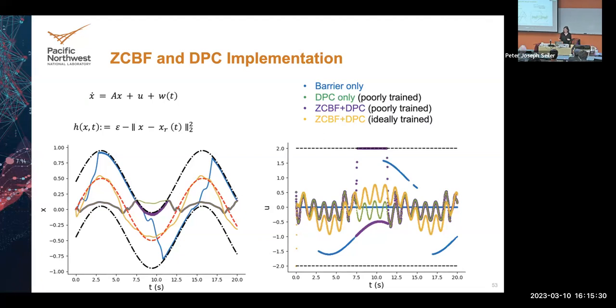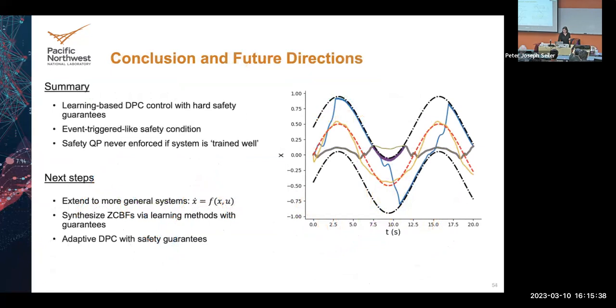You don't really trigger that aspect of the policy because you inform the DPC controller that it shouldn't go there. So this is the summary. These are first steps we took to add some constraint satisfaction, hard safety guarantees into our DPC approach.